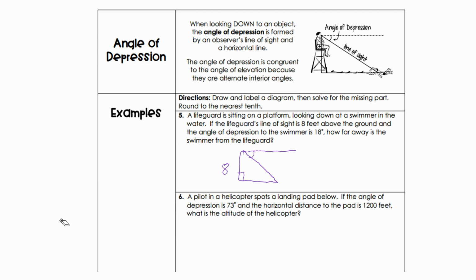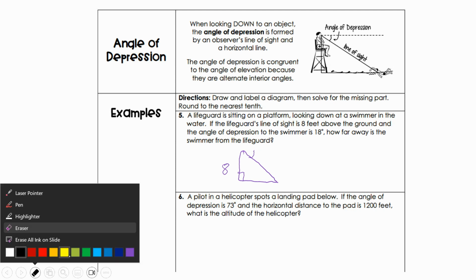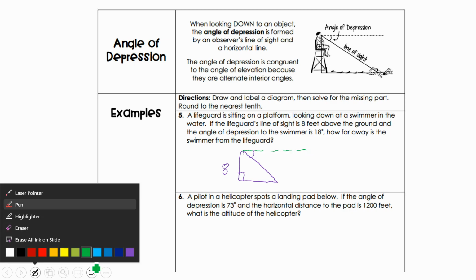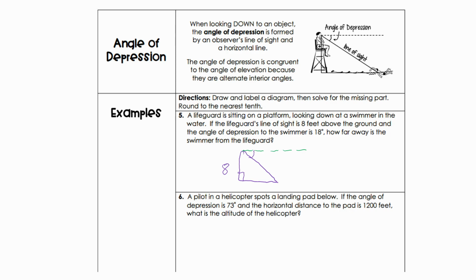Let me do this in a different color, a dashed line instead. So this is 18 degrees, and it wants you to find this. How far away is the swimmer?